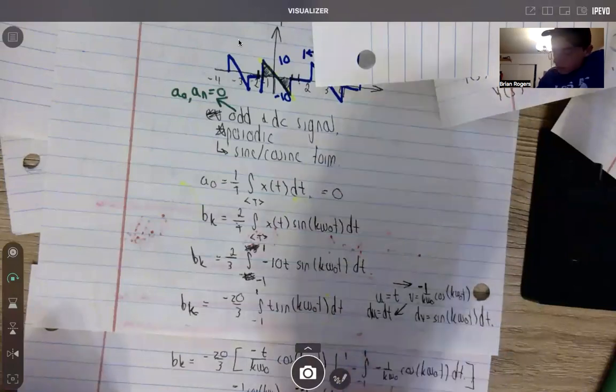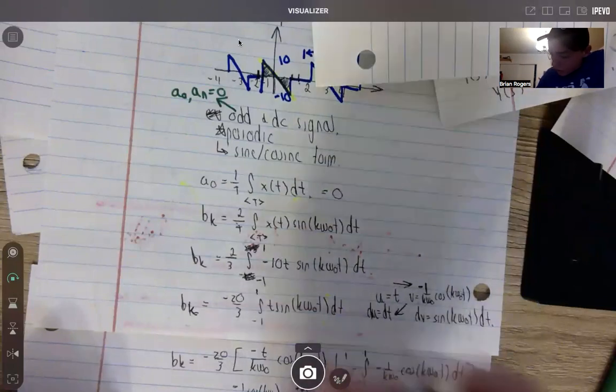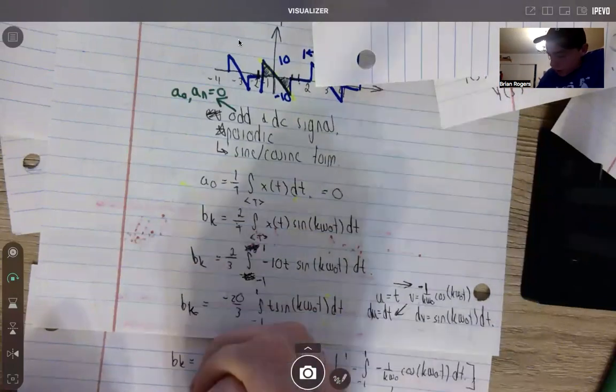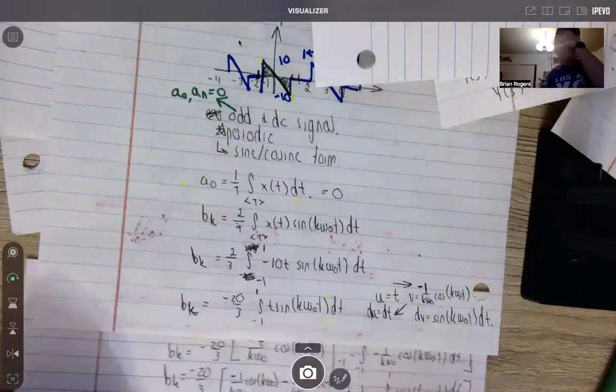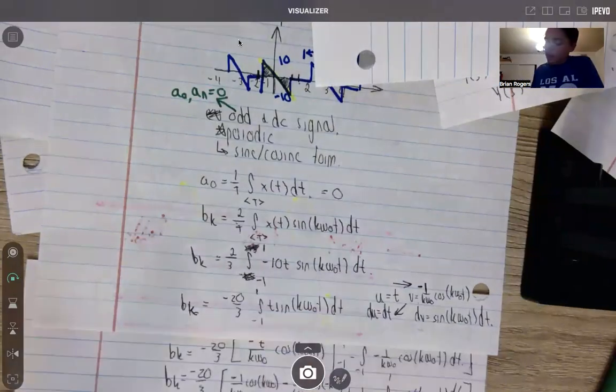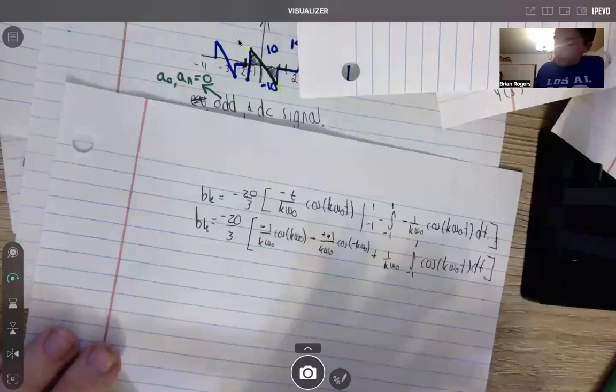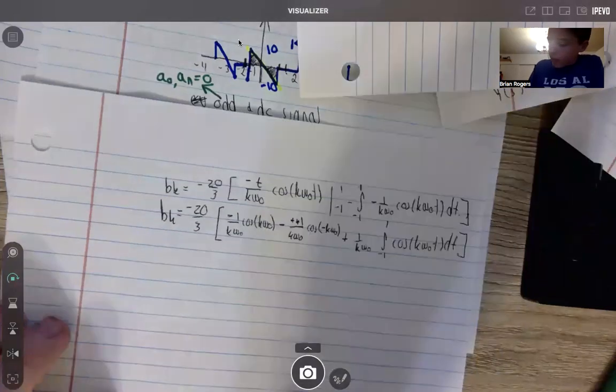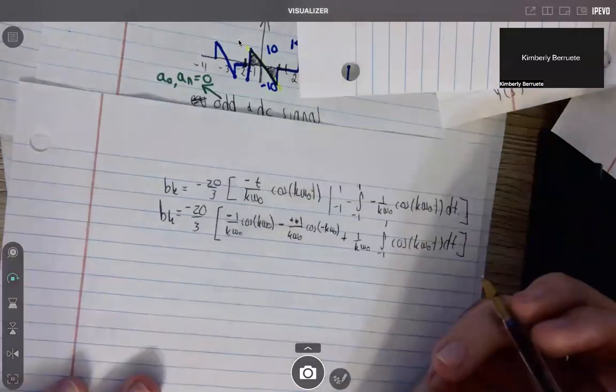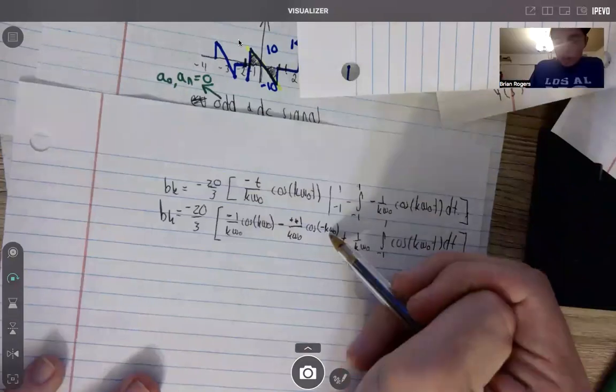So this becomes, closer, negative 20 over 3. Once we get this format, remember cosine is an even function, so this negative won't affect it.